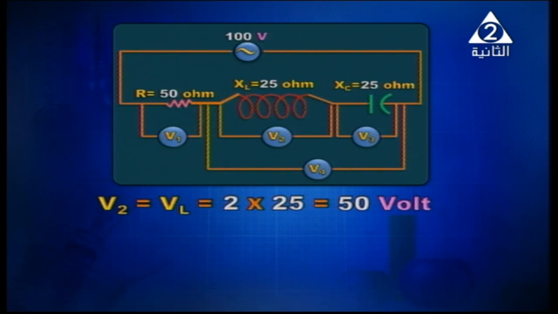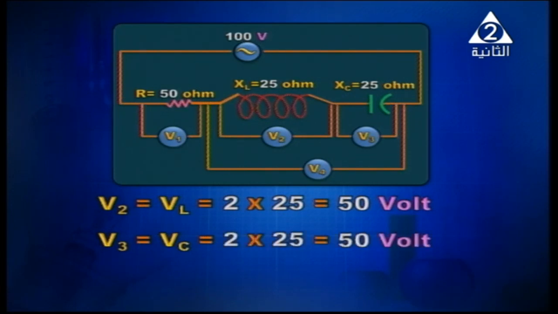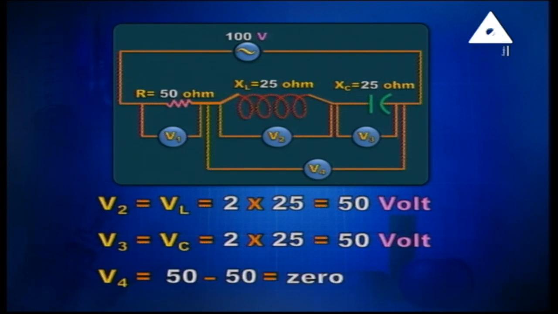And in resonance, XL is equal to XC, so VL equals VC. So V3, which is VC, will also be 50, calculated as 2 times 25, it is 50. And the most important part here, the voltage across both capacitor and inductor will be 0. It is calculated by getting the difference. So 50 minus 50, it will be 0.